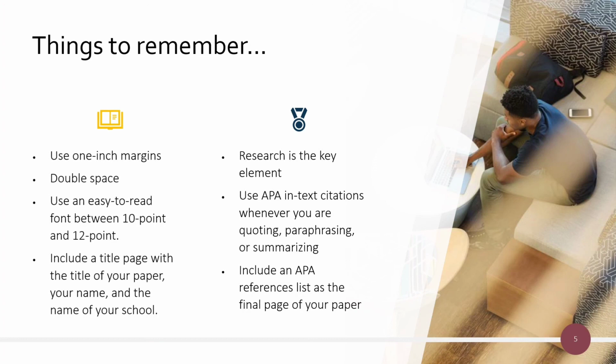Then finally, include an APA references list as the final page of your paper. I've had oftentimes students submit the references as a separate document. Absolutely not. It is the last page or couple of pages, depending on how many references you have and how long those references are to cite, that it's the final thing in your paper.